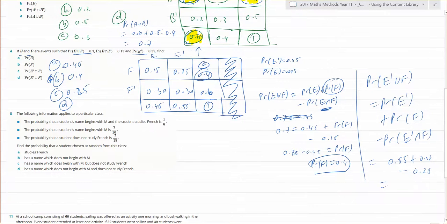So that's 0.95 minus 0.25, and you should get 0.7. Okay, so that's 0.7.